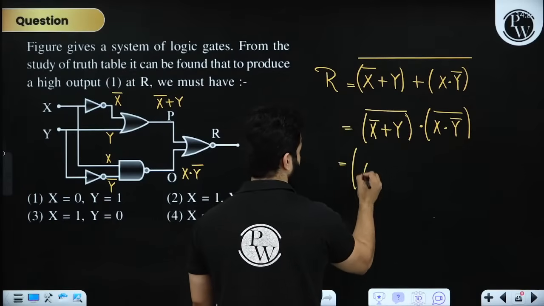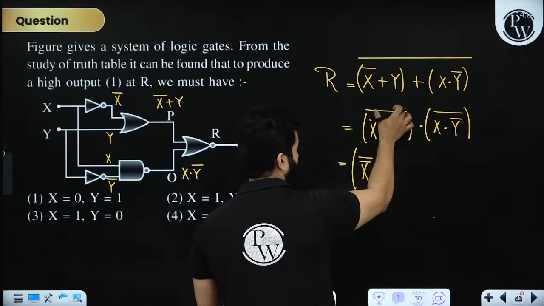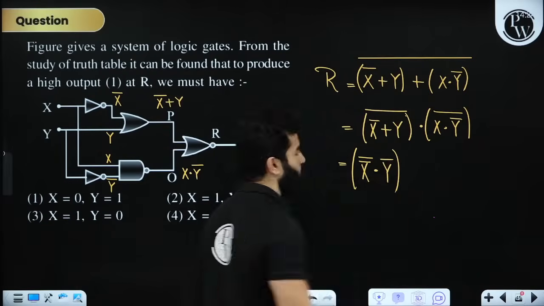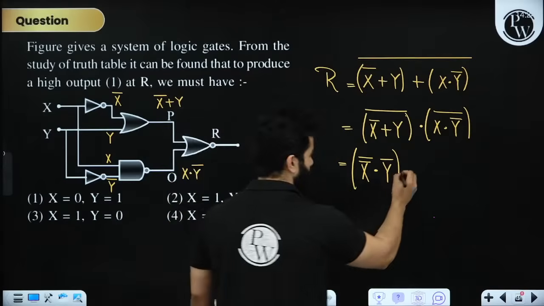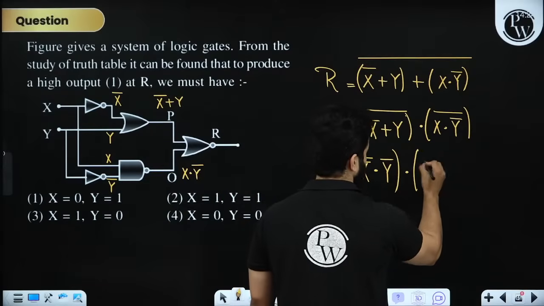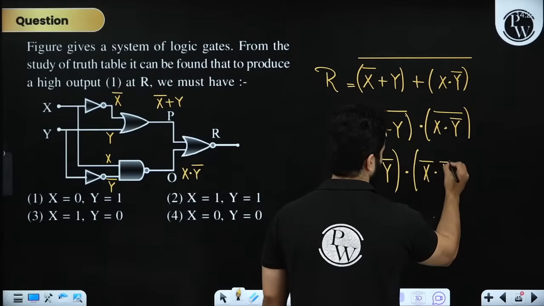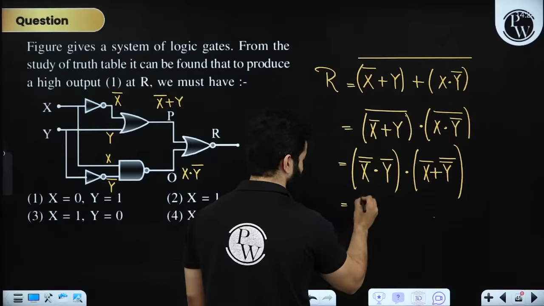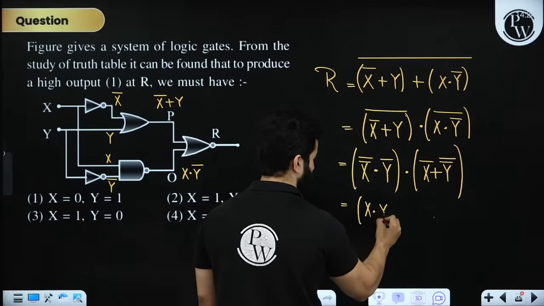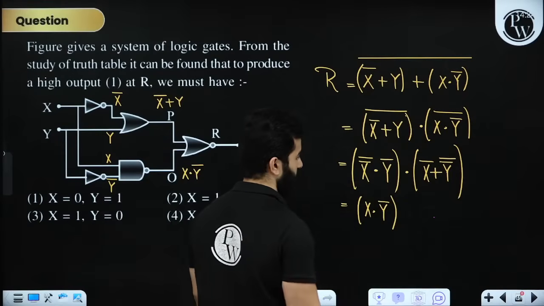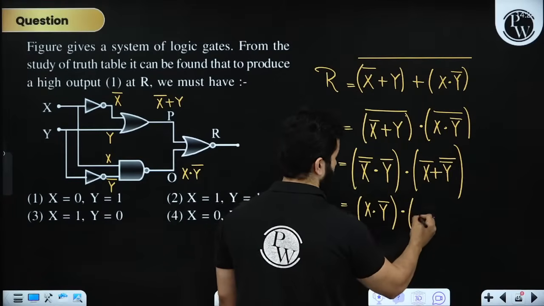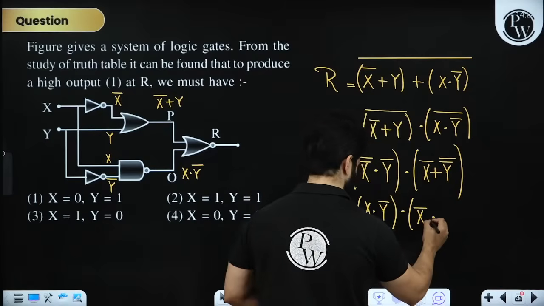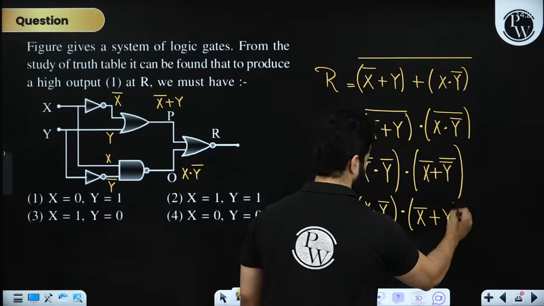We'll get X bar and bar because we are breaking this line as well, changing the sign, bar on Y as well, dot, same thing over here, that means X bar plus Y bar and change the sign to plus. This will become X dot Y bar, dot, X bar dot plus Y.